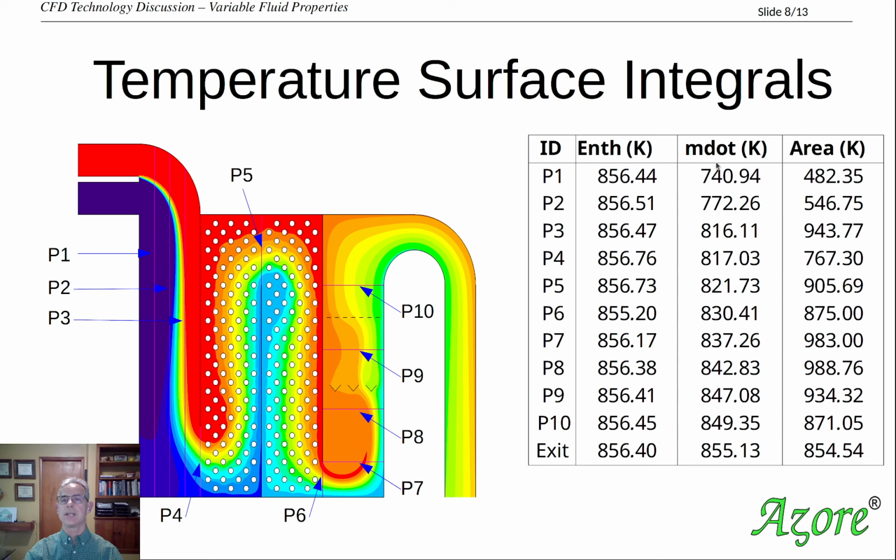You can see that the temperature for the mass flow rate weighting or the area weighting varies significantly away from the energy conservative value that we would expect. But once you get to the very end, as you would hope, when the value becomes an average value, these numbers once again become very close to one another.